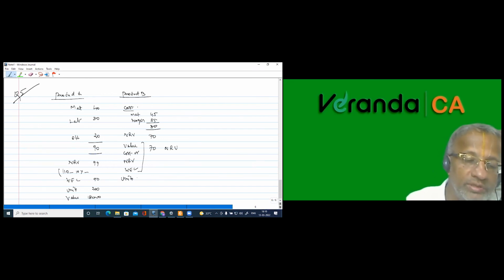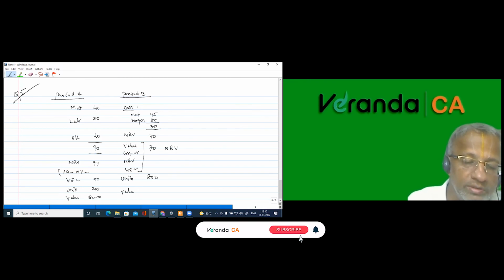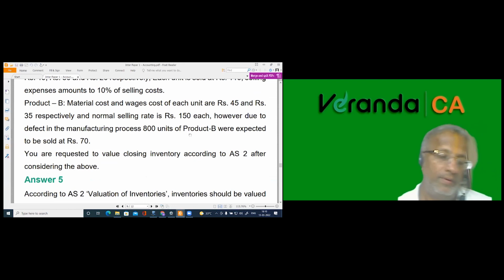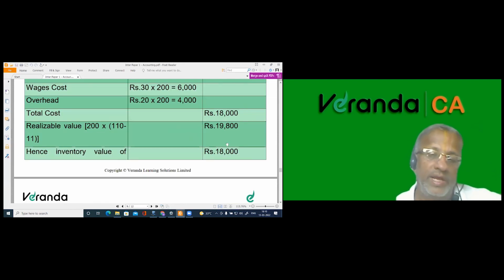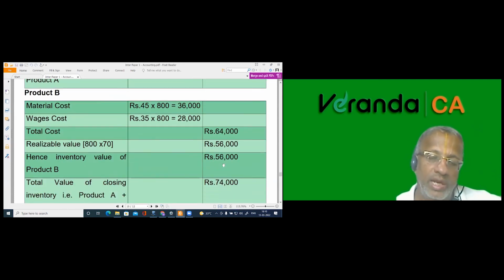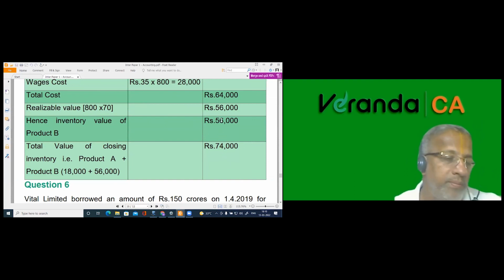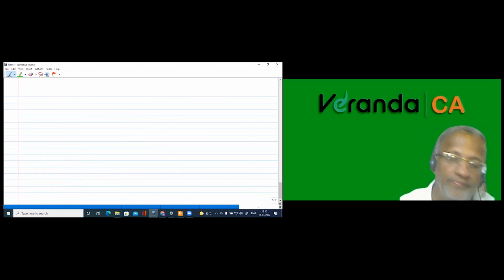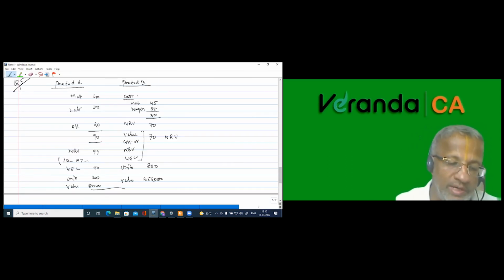Number of units 800. Value of the stock is 56,000. Adding 18,000 and 56,000, the total value of that inventory is 74,000.